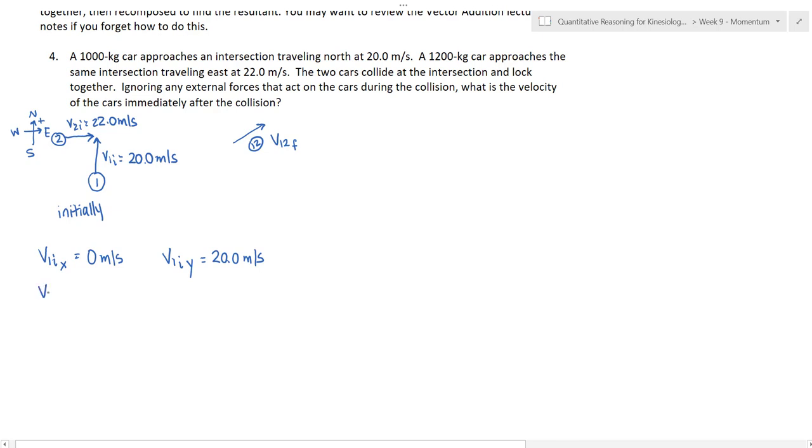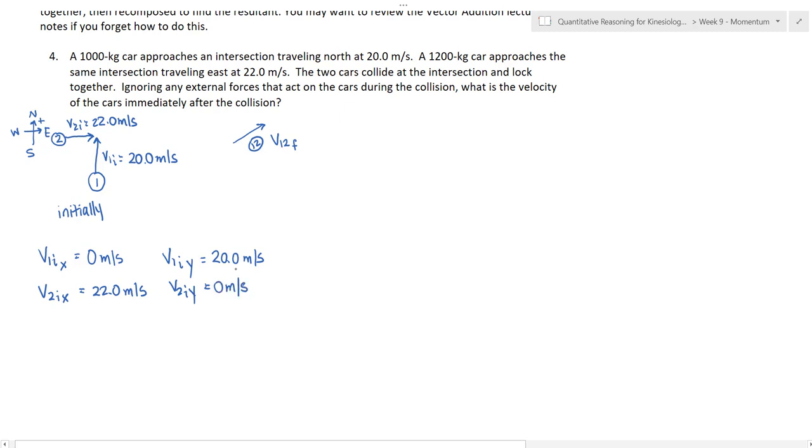What about V2 initial x? V2 initial is moving in the east direction, so it's already going in the positive x direction. So it just equals 22 meters per second. What about V2 initial y? Well, V2 initial is moving in the x direction. It doesn't have a y component at all. So that one would be 0 again.